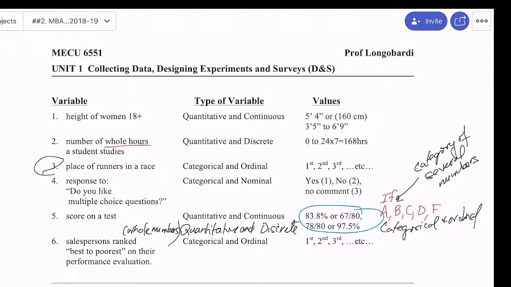Okay, so let's go back to the place of runners in a race. In one race, the person who got first place had a higher score than the person who had second and third, right?